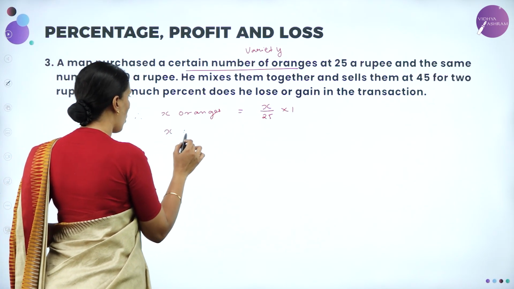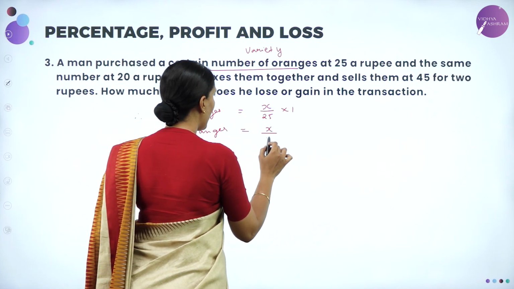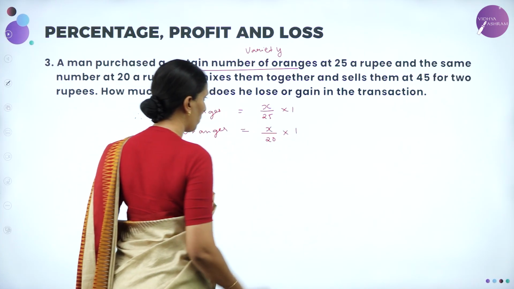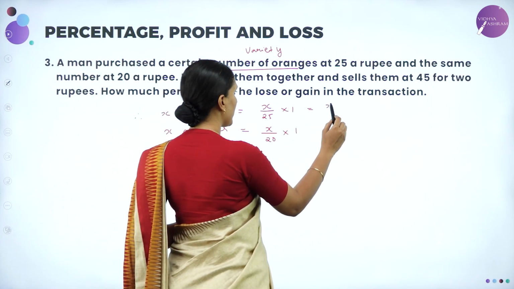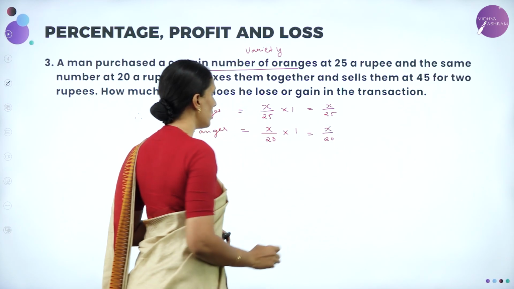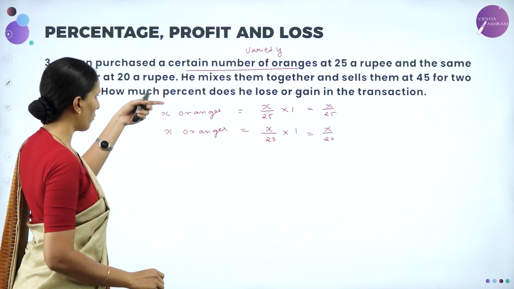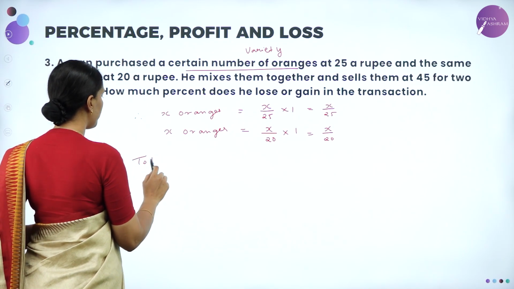So again, X oranges will cost x divided by 20 into a rupee. So this is x by 25 and this is x by 20. So this is the cost price of the oranges of variety 1 and variety 2. So what will be the total cost then?